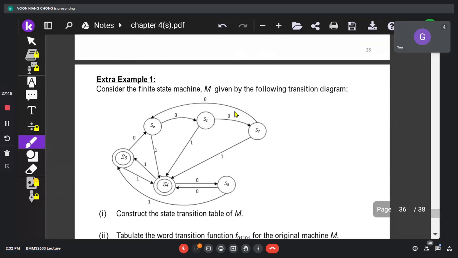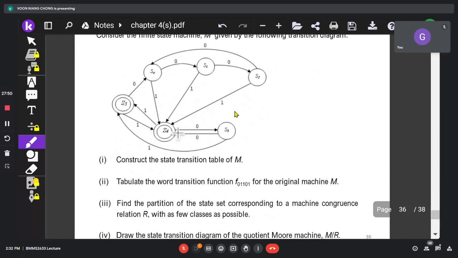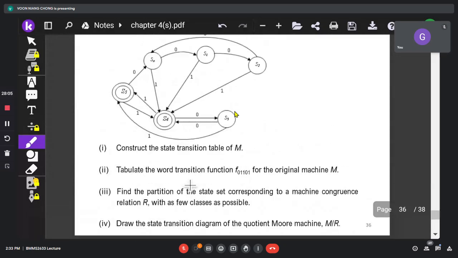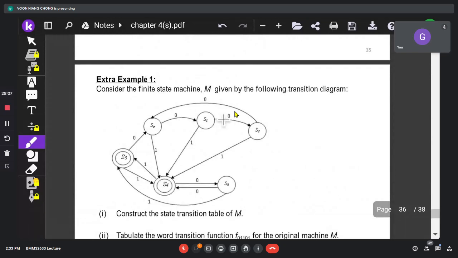This is the same also. Construct the state transition table of M, tabulate the word transition function for the original machine, and also find the partition with as few classes as possible, and then draw the state transition diagram for the quotient machine. Okay, so I believe you also know how to do it already.